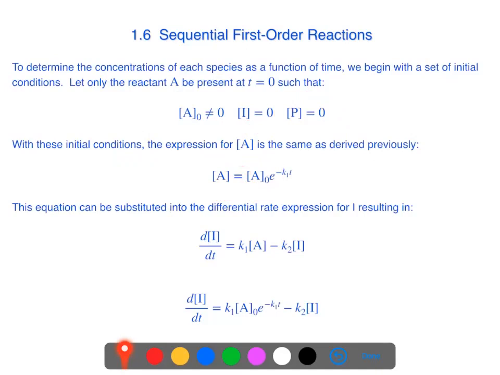Now, this equation for the concentration of A can be substituted into the differential rate expression for the intermediate. And so this was our differential rate expression for the intermediate, as we saw in the previous slide. Now we can substitute in for A after invoking these particular conditions and coming up with our expression for the concentration of A. And so you can see we've inserted that here.